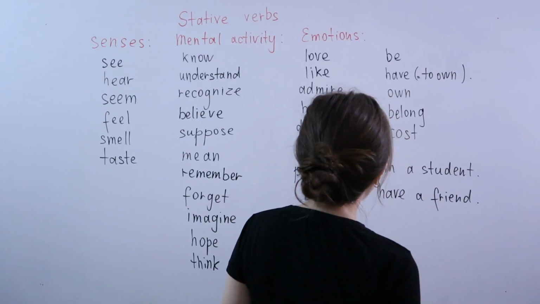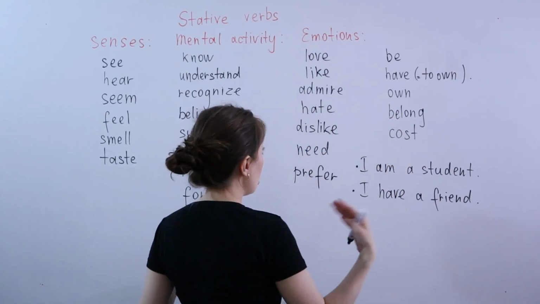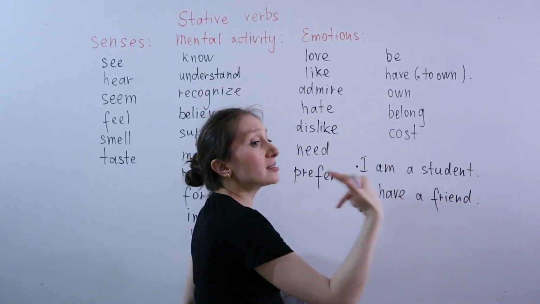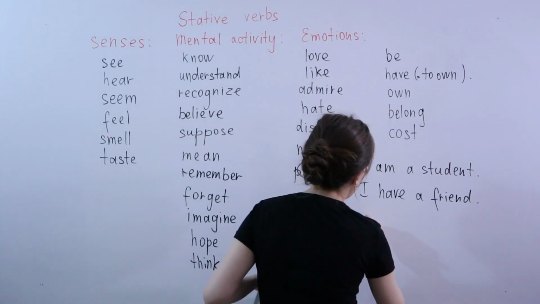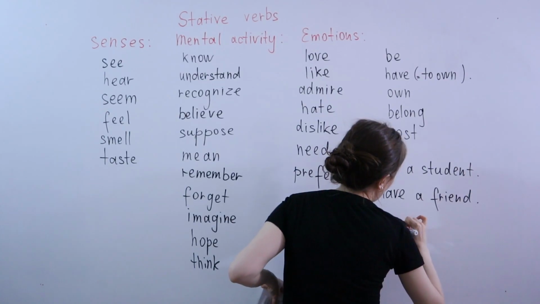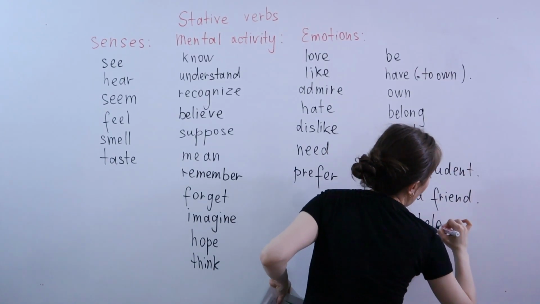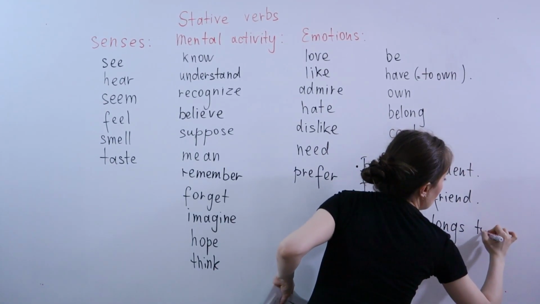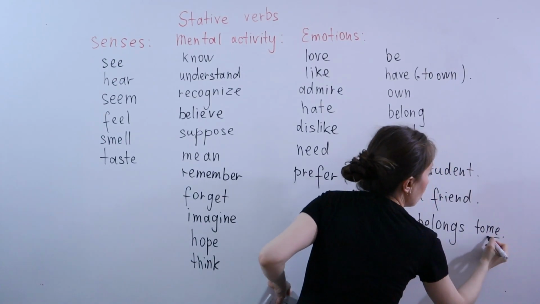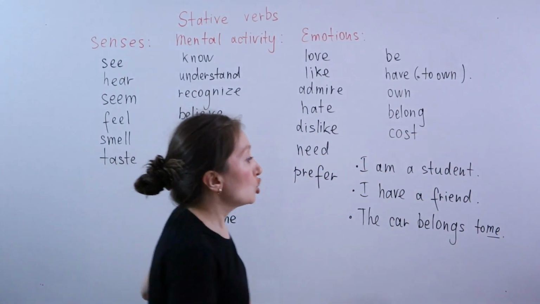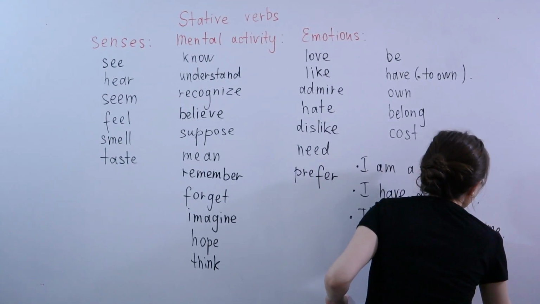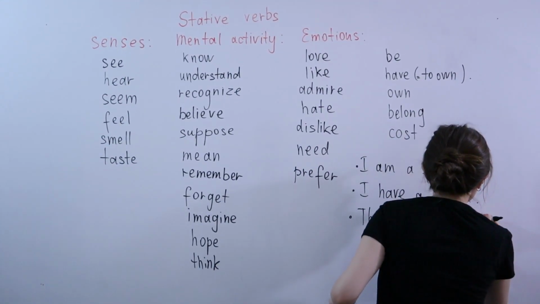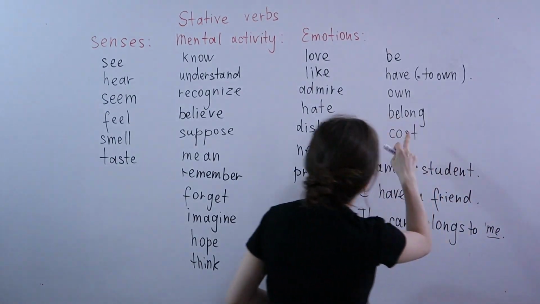Or the car belongs to me. Belong. It's mine. The car belongs to me. Right? So, and the last example is with the verb to cost.